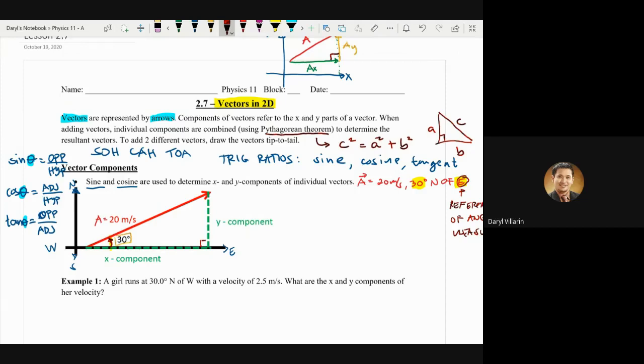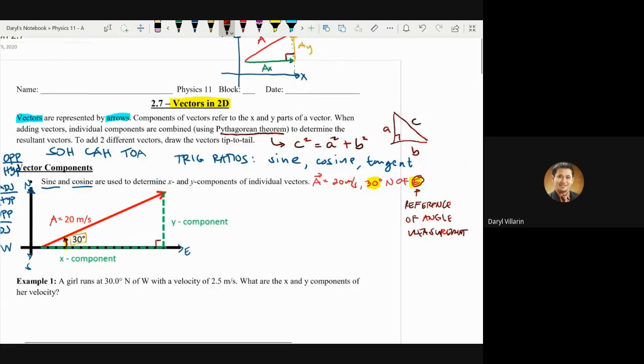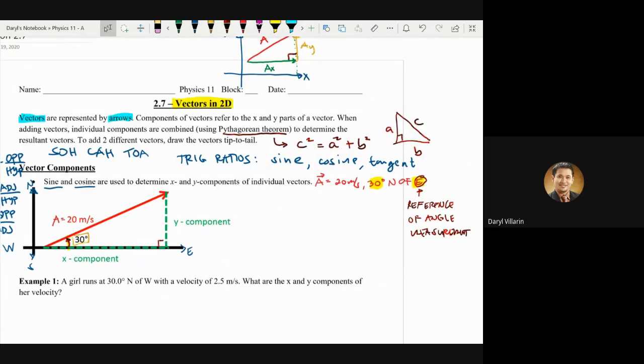That is just the same thing. But in this particular case, the angle measurement is 30 degrees and it is measured from the east, so you give the direction as north of east. Again, the last direction is the reference of your angle measurement, or where you started measuring that angle.